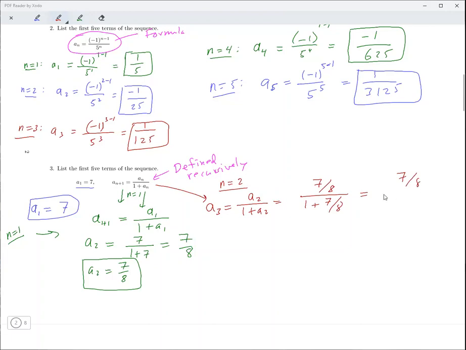Okay, so that's 7/8 divided by, this is going to be 8/8. 8/8 plus 7/8 is 15/8. So that'll be 7 over 15. Okay, and that's going to be a sub 3. And then to get a sub 4, you set n equal to 3. Oh, my goodness.